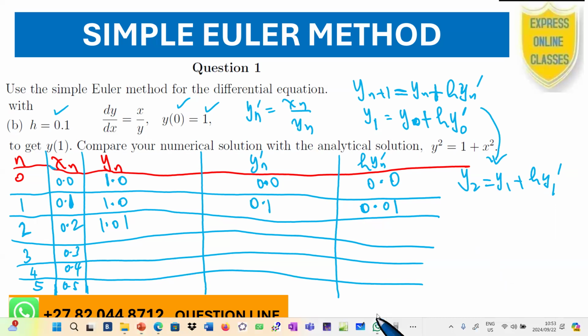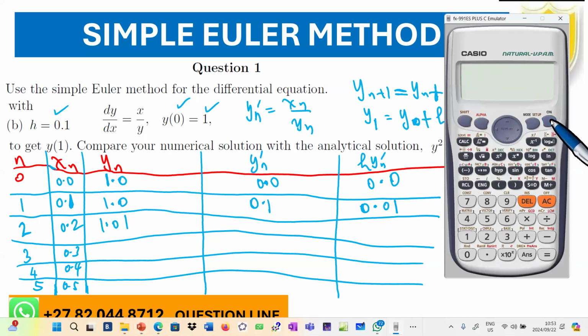So x2 divided by y2, 1 point that, which is 0.1980 recurring.